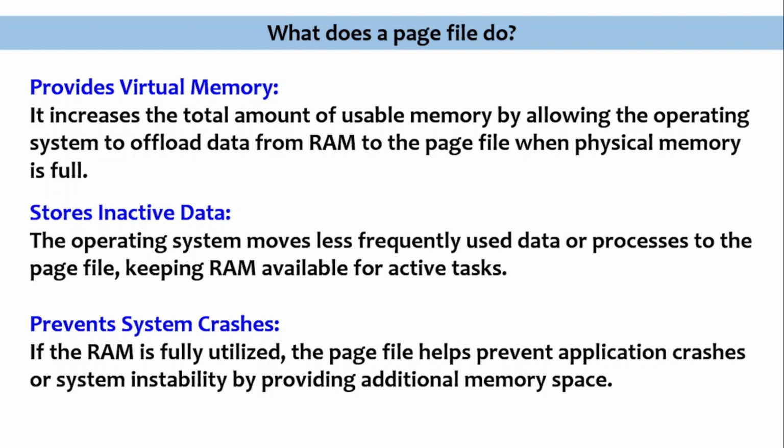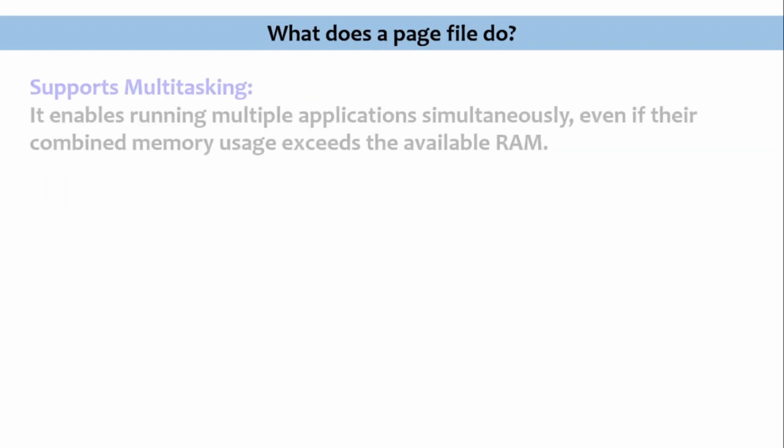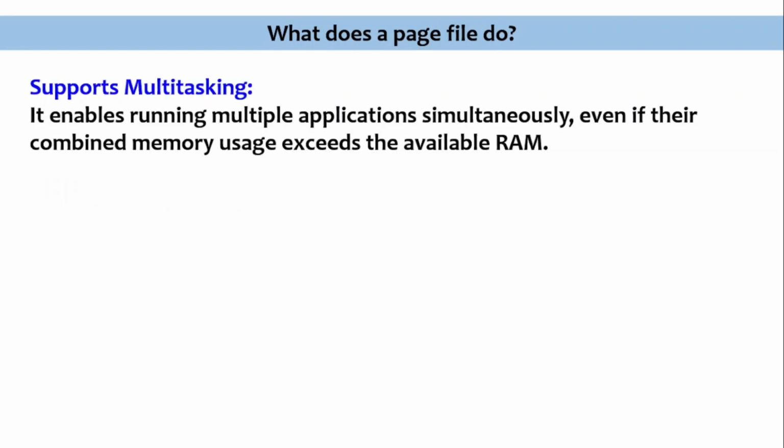It prevents system crashes. If the RAM is fully utilized, the page file helps prevent application crashes or system unavailability or instability by providing additional memory space. It supports multitasking.